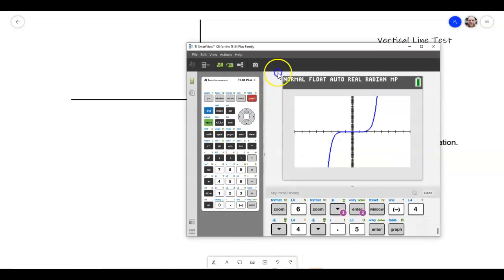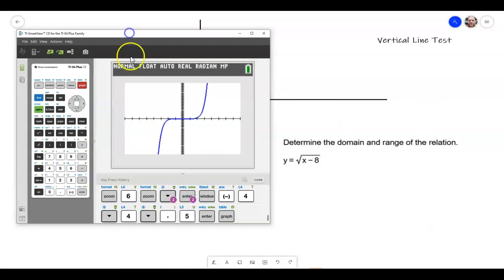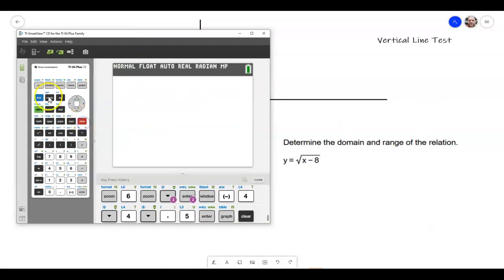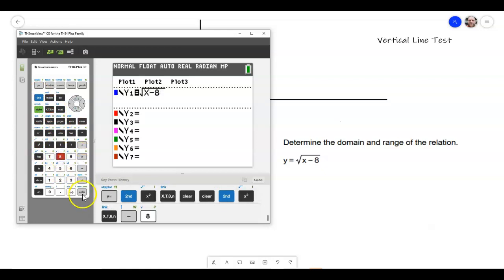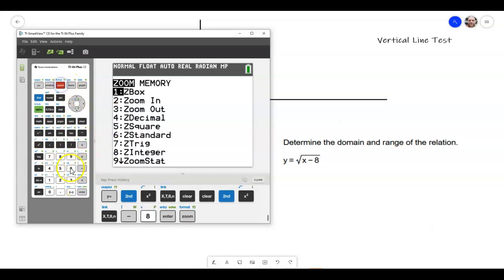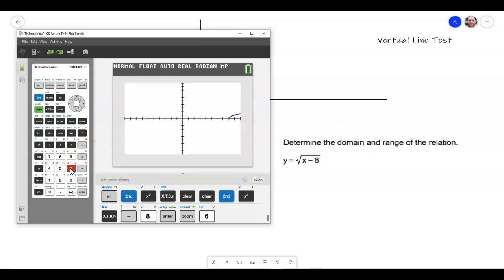So there are different things you can do at first, but one thing I like to do is put that in here. So that's going to be the square root of x minus 8, and let me clear out the old one because I still have that to the 7th. Let's start with a standard window.